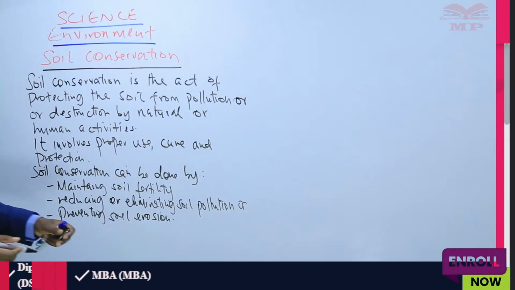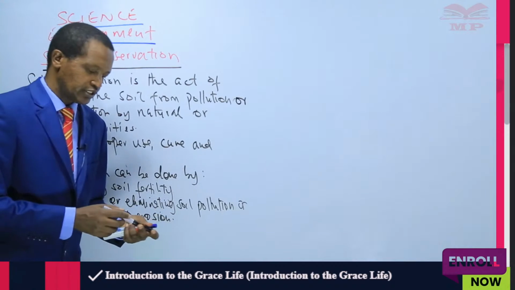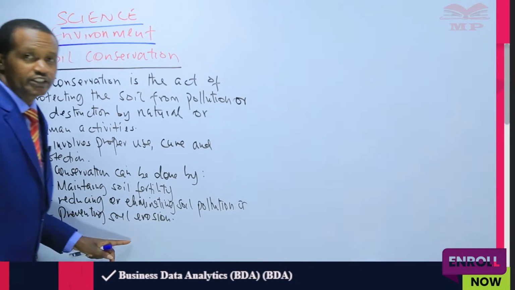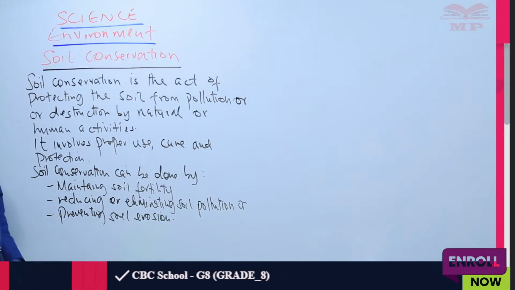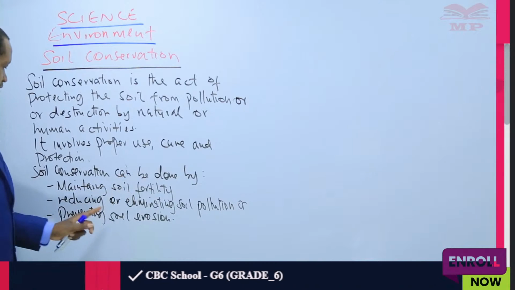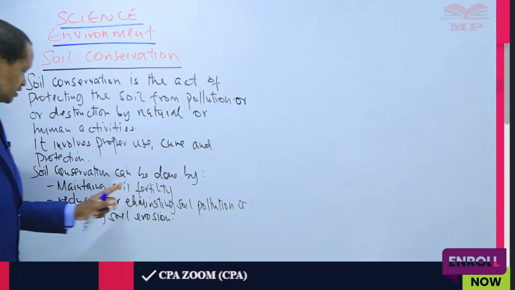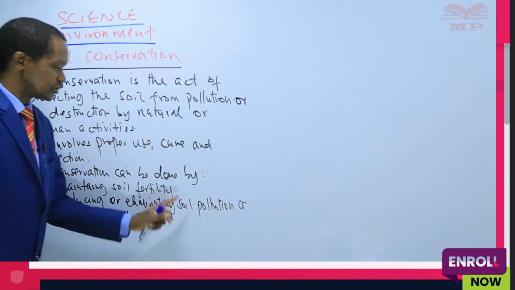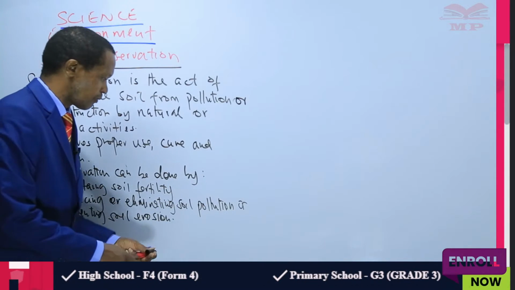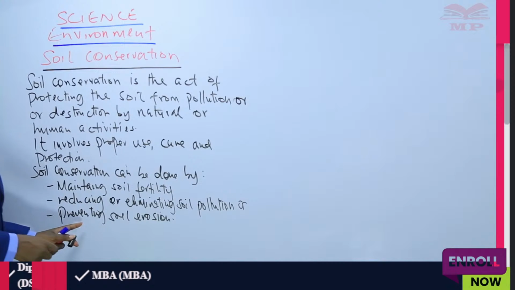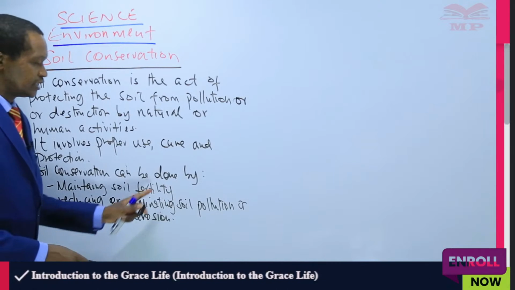Preventing soil erosion, because soil erosion causes the soil to lose its fertility. So soil conservation can be done by maintaining soil fertility, reducing or eliminating soil pollution, or preventing soil erosion.